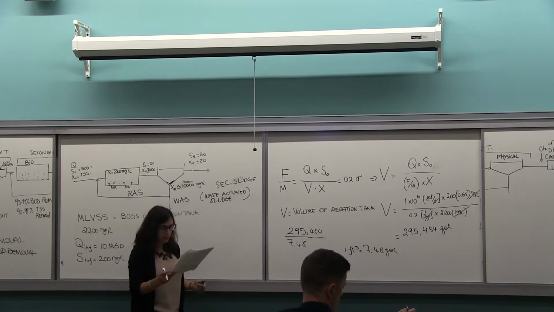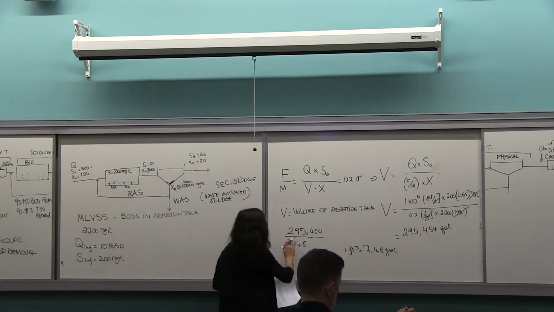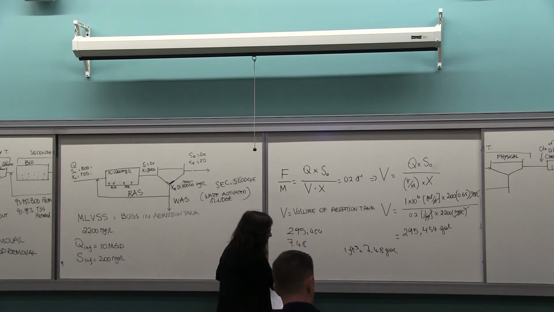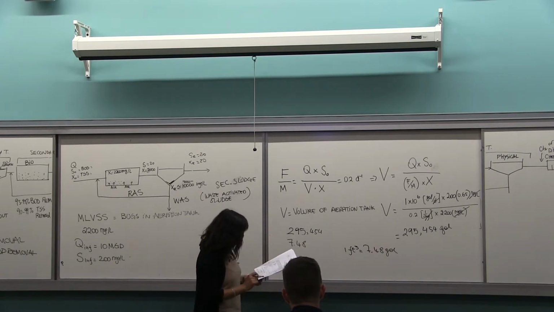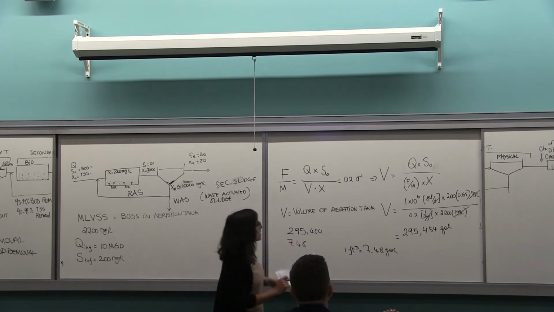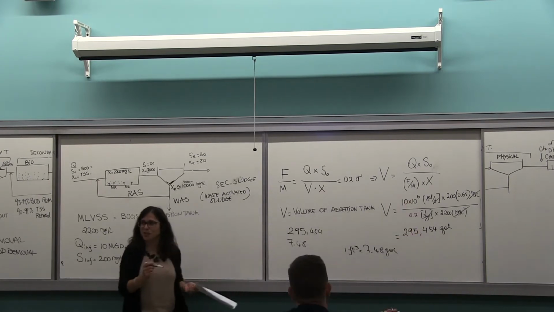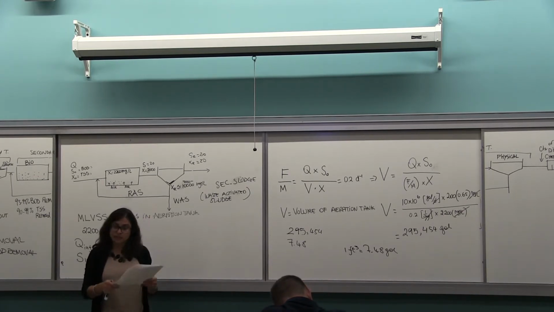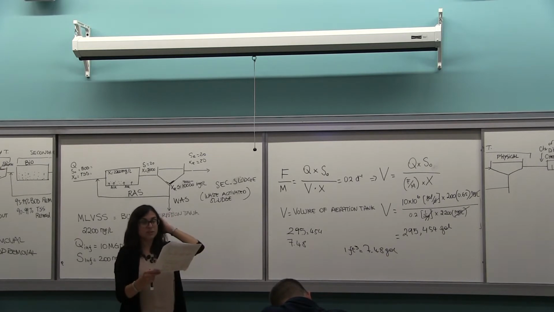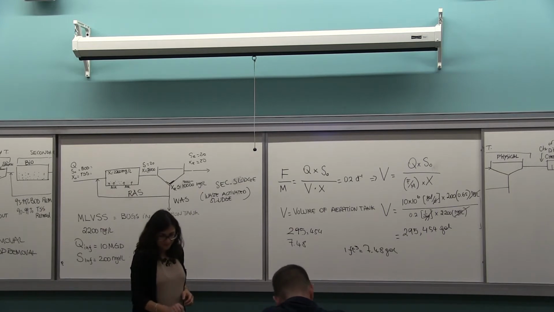So we would have 395, is that right? Okay, did I mess it up? I used a million, not 10 million. Oh, that's why. Okay, so that should come out right. It's 395,000 cubic feet.